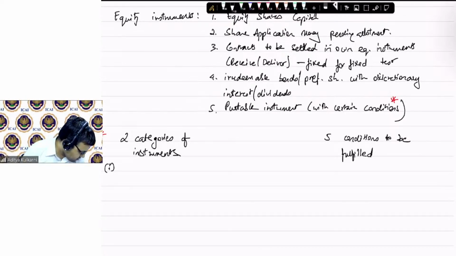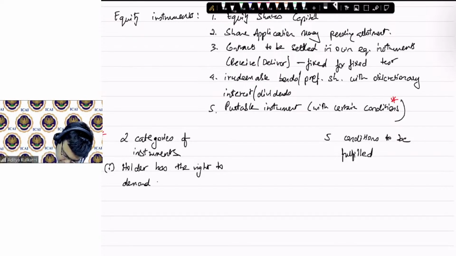is where the holder has the right to demand redemption at his choice.